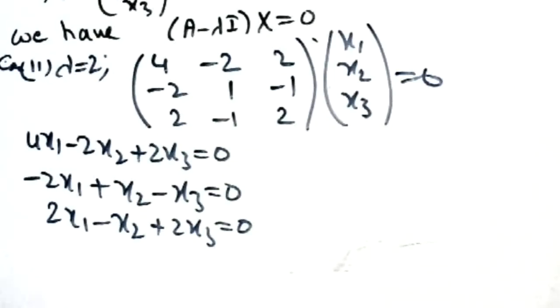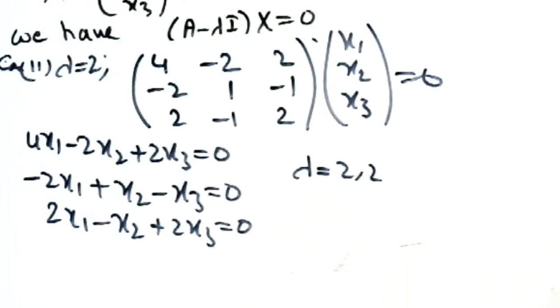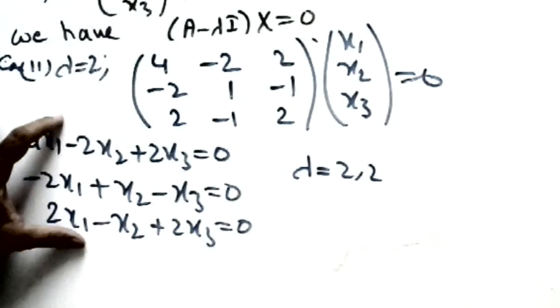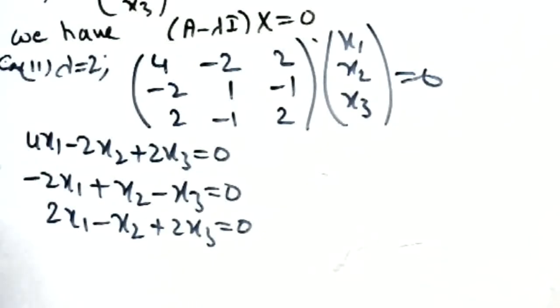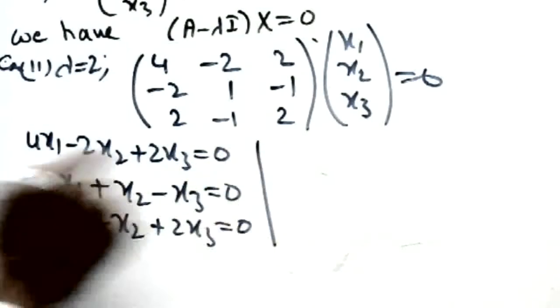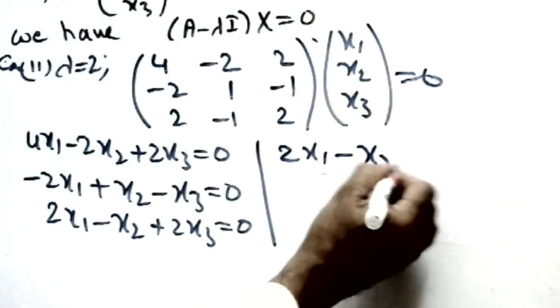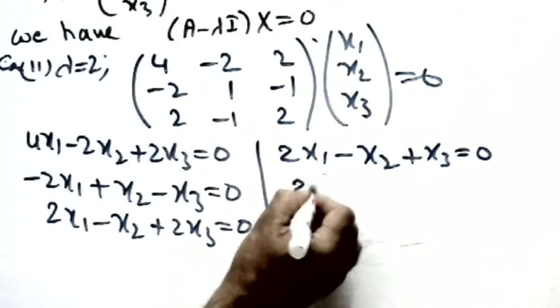See here, now we get the same values of lambda, because these two values are the same, lambda equals to 2, 2. This is a very important topic, listen carefully. Whenever we get two values the same, we cannot solve these equations, because these three equations will become the same. I will explain. If you take 2 common here, it will become 2x1 minus x2 plus x3 equals to 0.